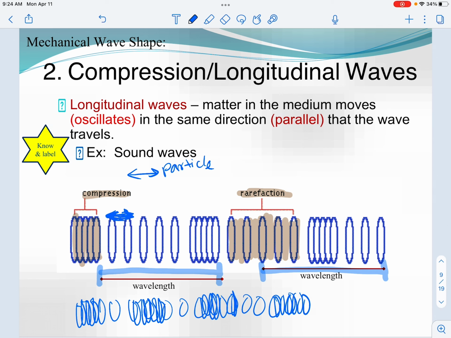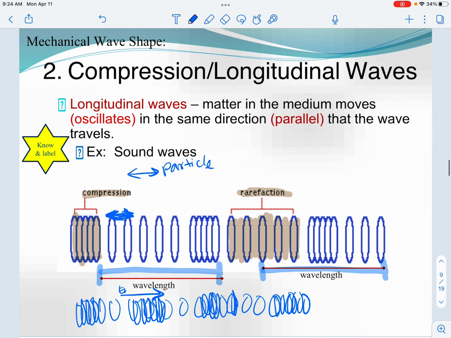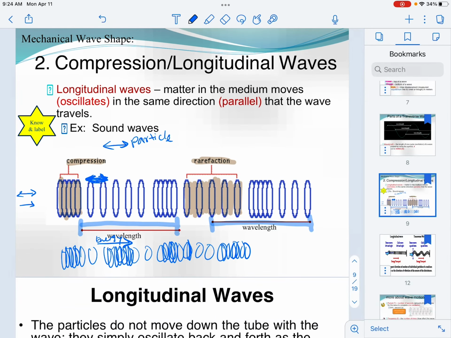And so what we end up having is this movement of energy, which is going to be horizontal in this case. So the energy is horizontal, the particles are horizontal, and since they are both happening along the same axis, we call those parallel lines, and that's why it's identified as being parallel.